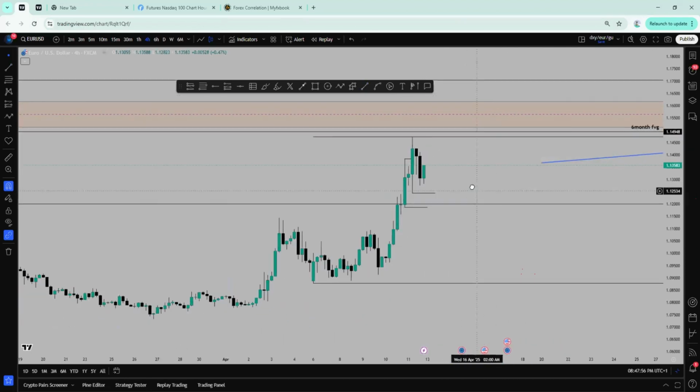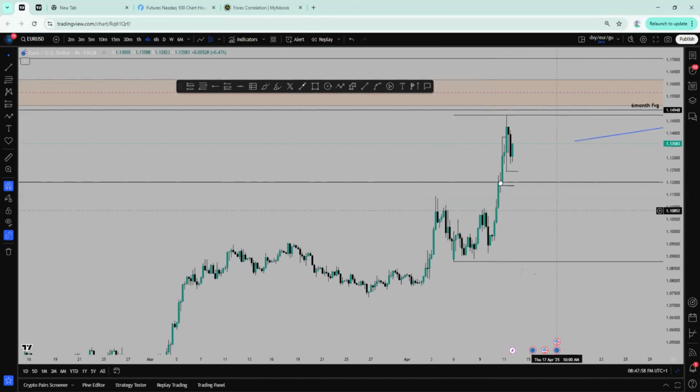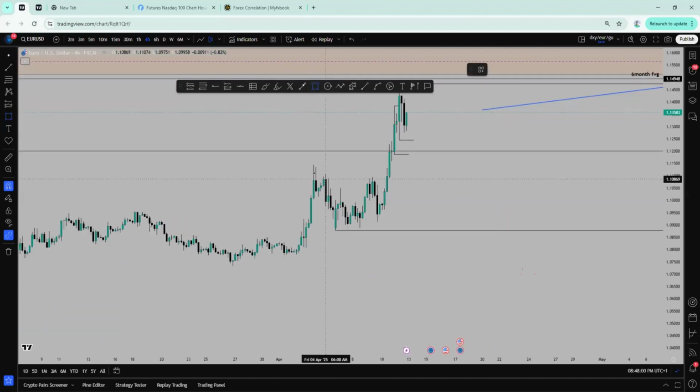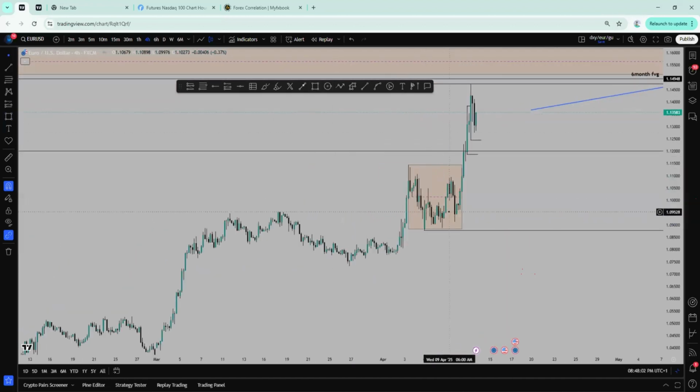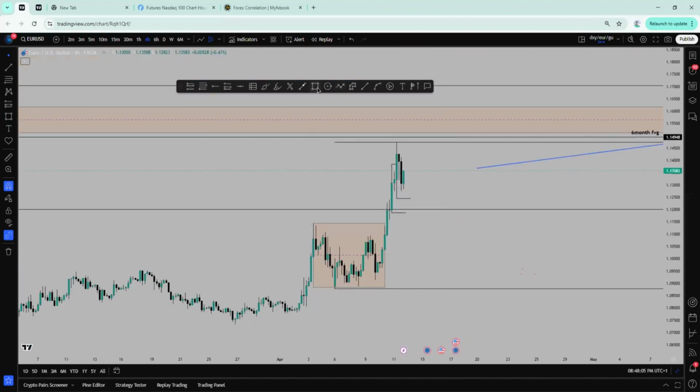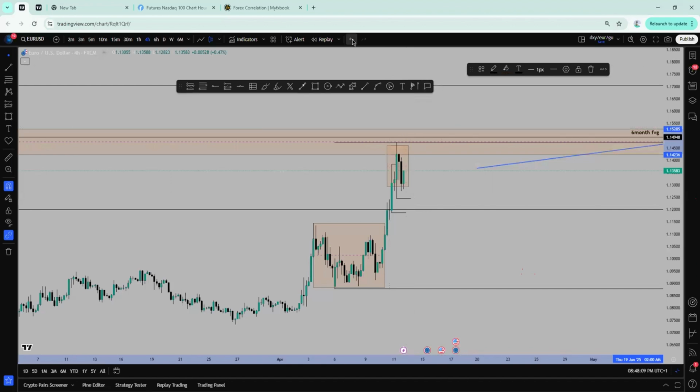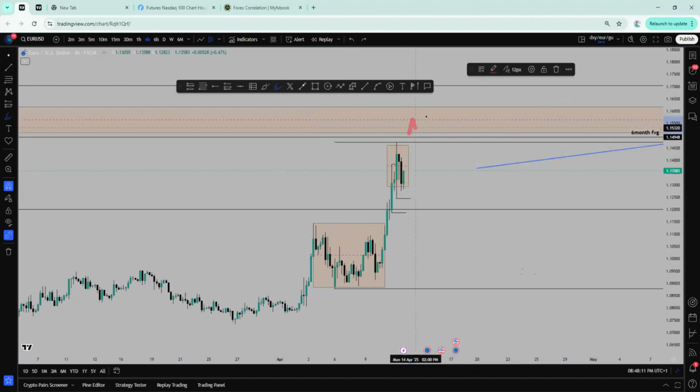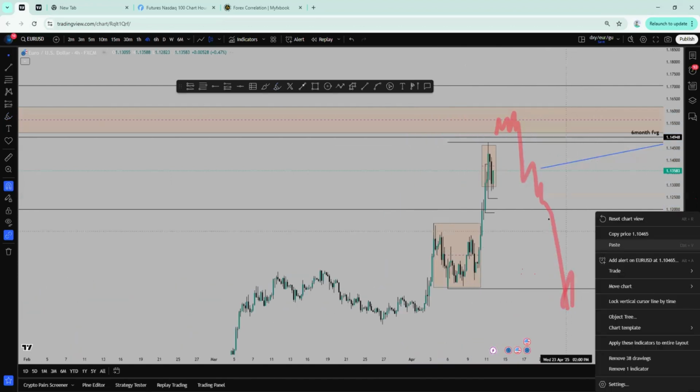And if it gives us a good correction, then this is going to be a market maker sell model. This can be our original consolidation. Second, and then we can have a smart money reversal around this area, and then we can target that like that. Yeah. All right. So that's for Euro USD.